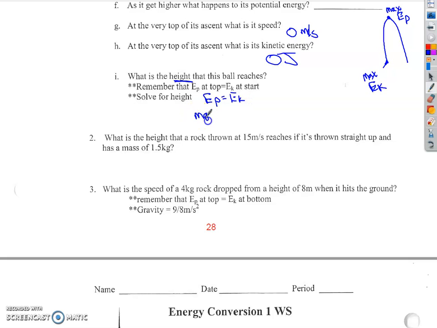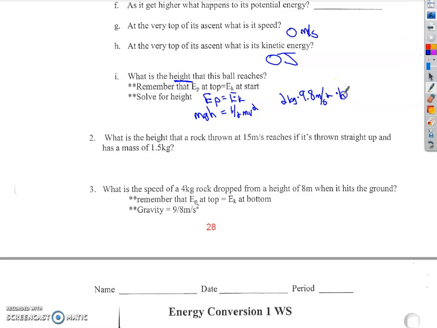And we can write the equations in here. mgh equals 1/2 mv squared. Now when you're doing this, we can plug the numbers in. We know the mass was 2 kilograms. The gravity, since this is happening on Earth, is 9.8 meters per second squared. I need a little room here.